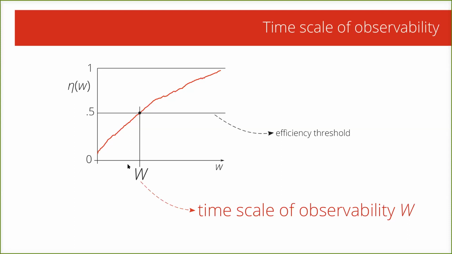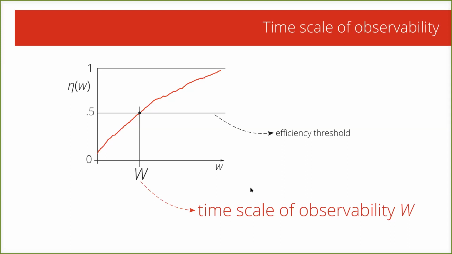Now, this capital W is what we call the time scale of observability, which is the missing part of the name of the CTO method that I mentioned before. So at this point, given a pair of nodes, and so a pair of time series, we have a time scale of observability, W, which is a number measured in seconds, for example, which is a measure of time.